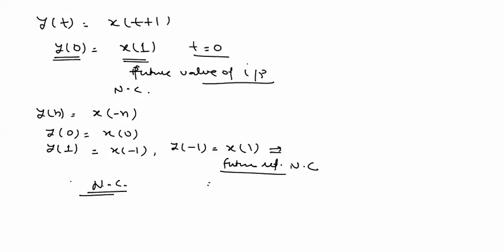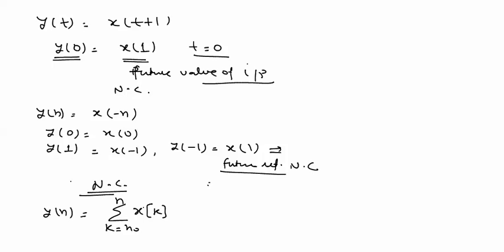One more example we took. In that example, we consider y[n] equals summation k equals n naught to n of x[k]. We want to check whether it is causal or non-causal.